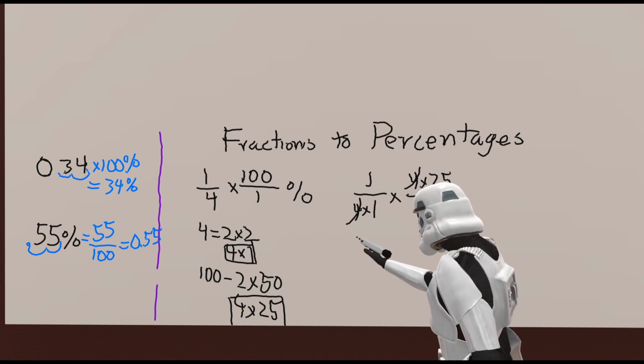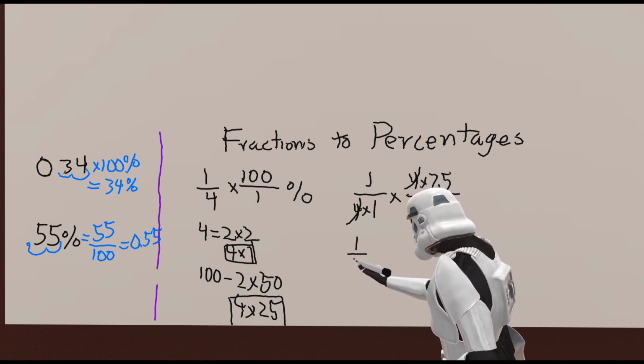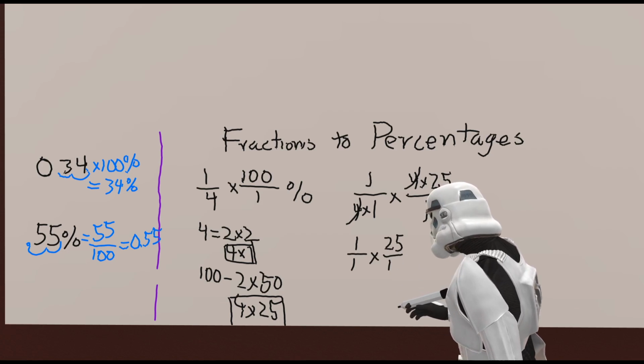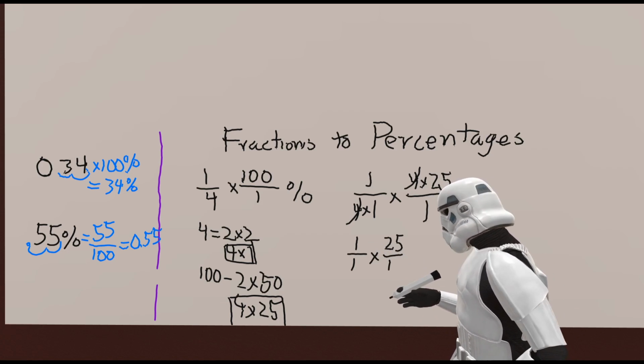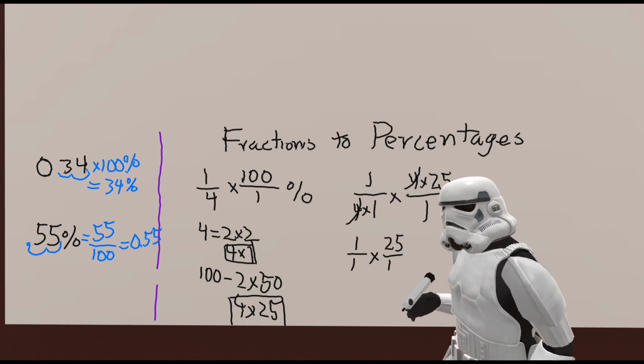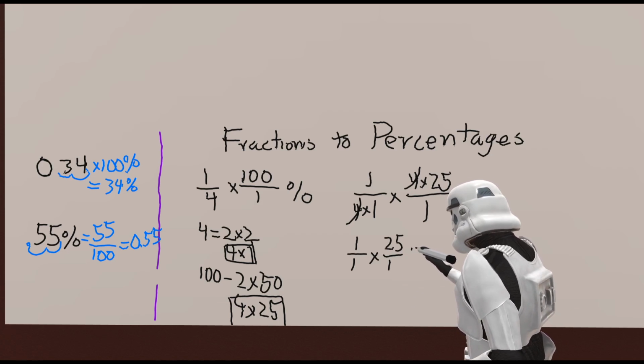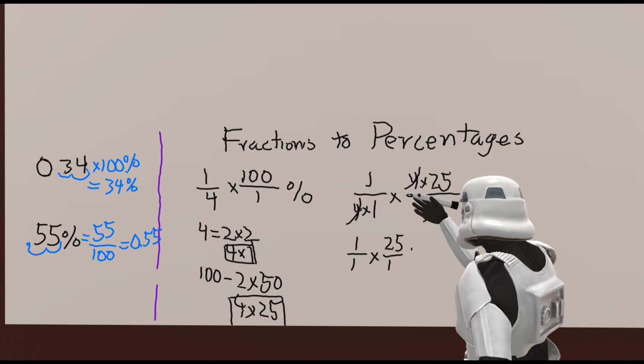So we're left with 1 over 1 times 25 over 1. Now, 1 divided by 1 is just 1, and 25 divided by 1 is just 25. However, we've forgotten our percent sign up here.